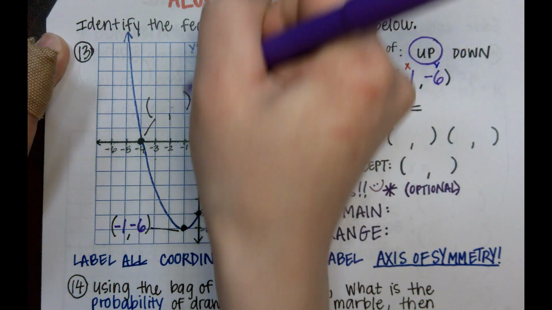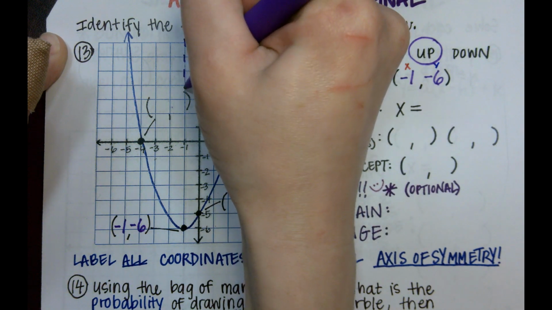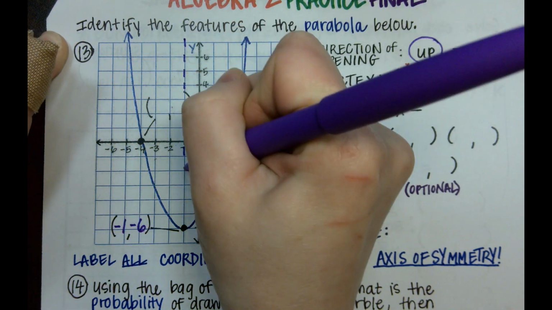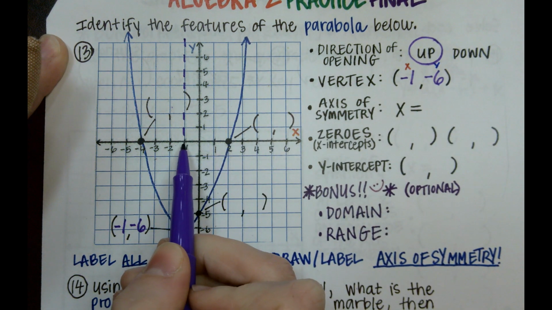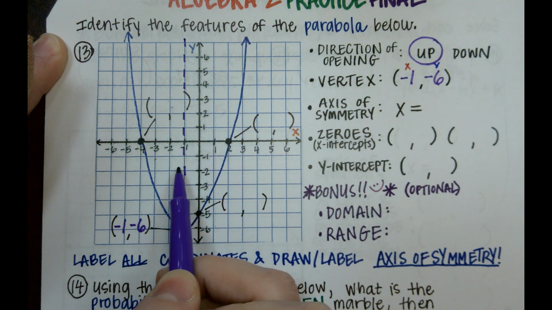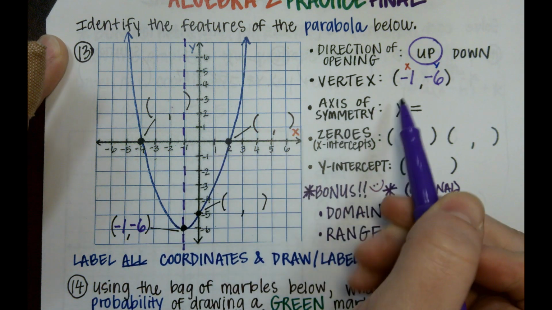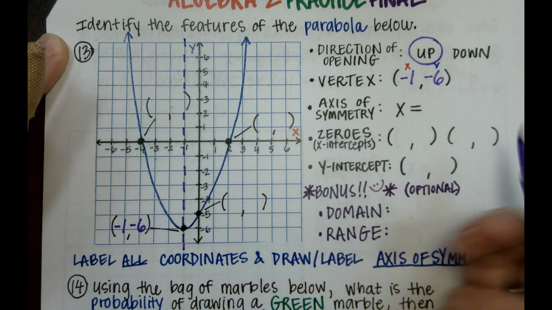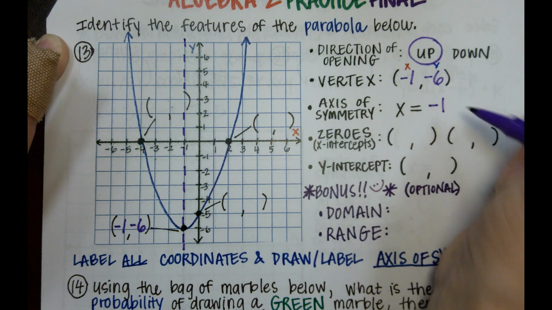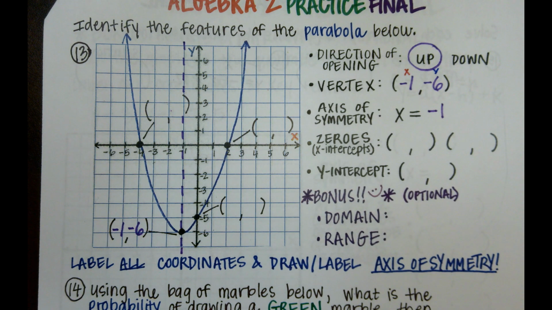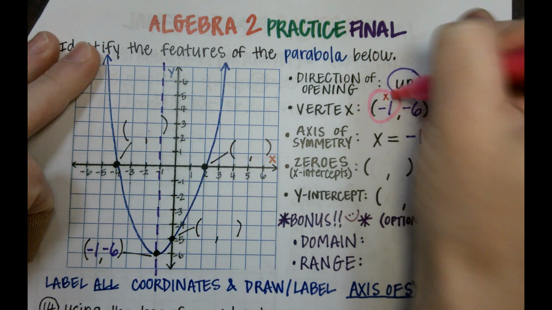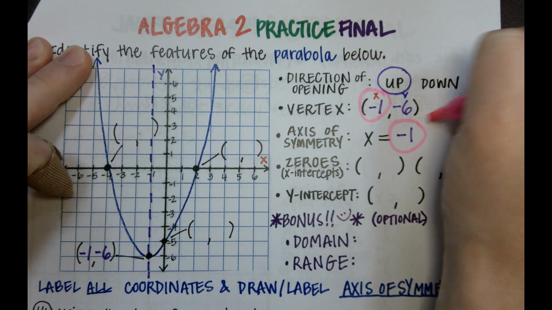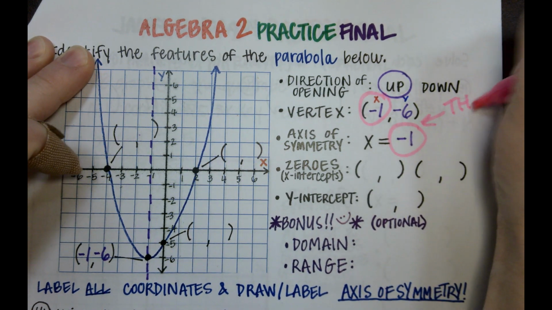So we want to draw that like this, a little dotted line going down the center. And as you can see, it goes through negative 1 on the x-axis, which is the x value of our vertex. So x is negative 1. If you wanted to make a little note to help you remember when you take the quiz, maybe we could circle these and say, the same.